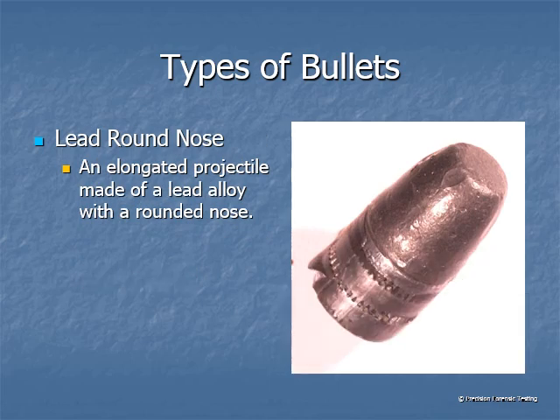If you want to do more like target practice, then you might choose something like this, a lead round nose type of ammunition. In this case, just the bullet part, and it's elongated, and it's got this rounded nose.